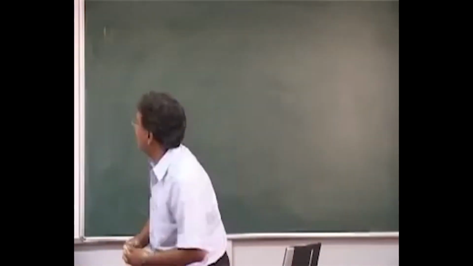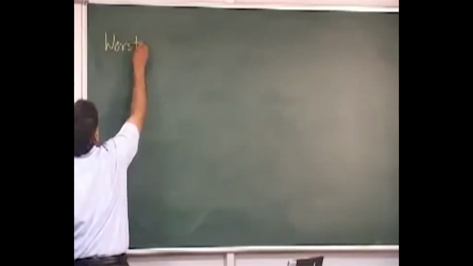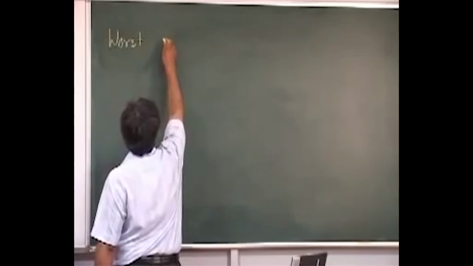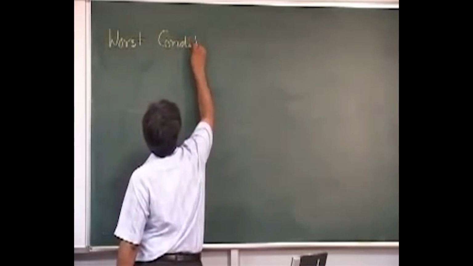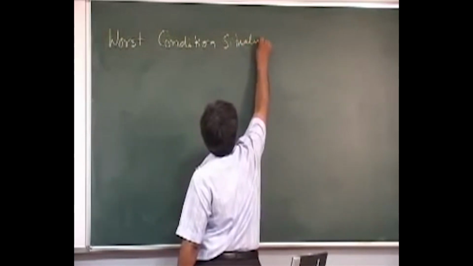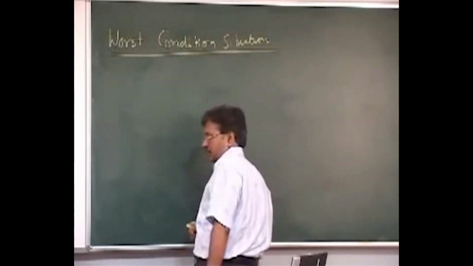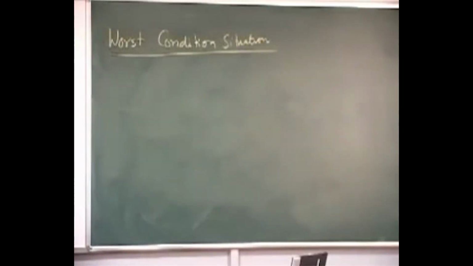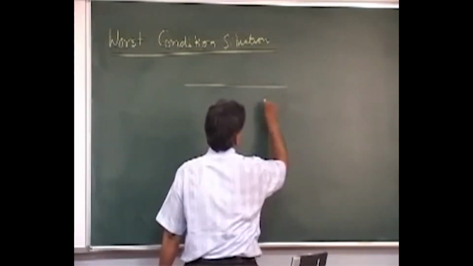If I can use the terminology, worst condition situation. I do it by trial and error. There are ways you can do without trial and error also, but one of the simplest things is to do by trial and error. And what you do is make a table.